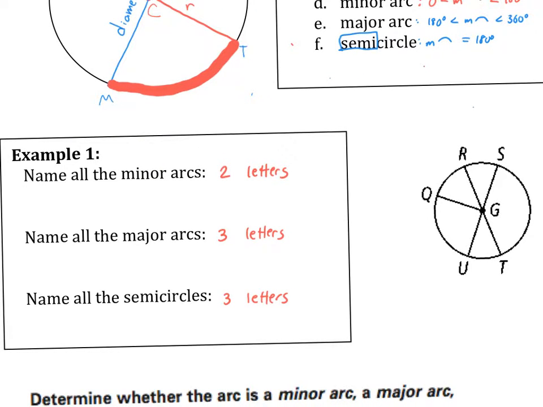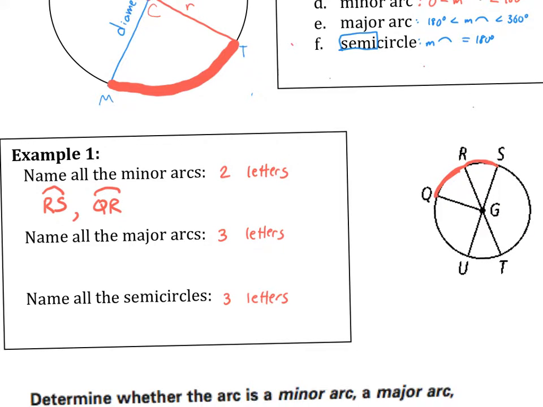Let's look here. Here's a minor arc right there, arc RS. This is how we write it: RS, with a little arc like a rainbow above it. Next, we have another minor arc here, QR.